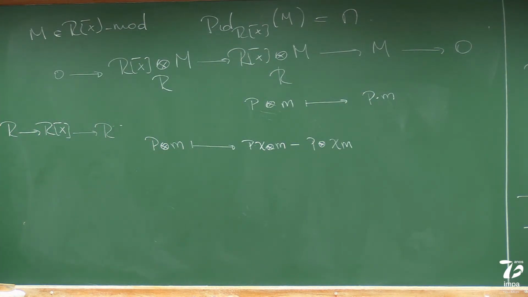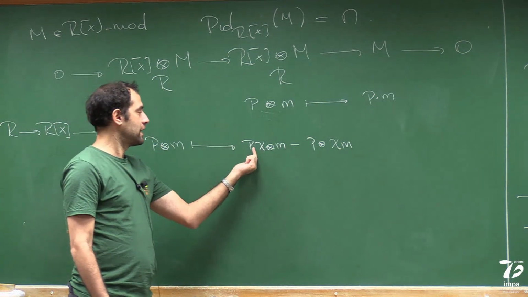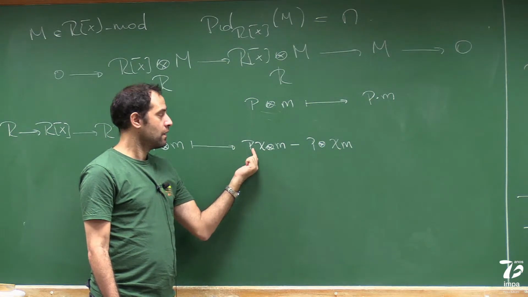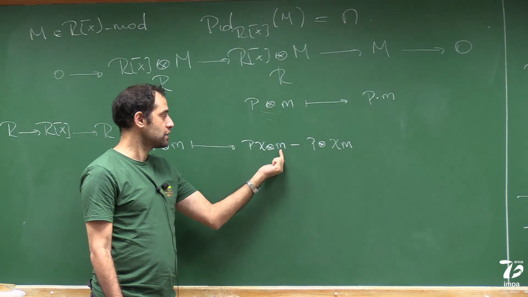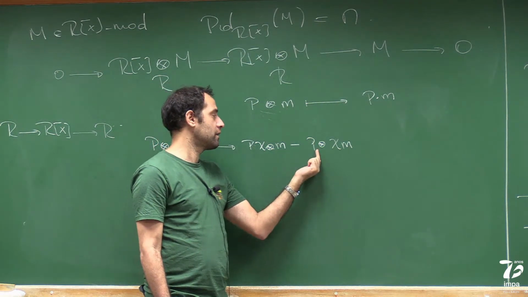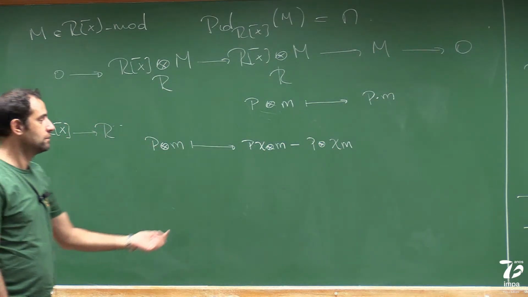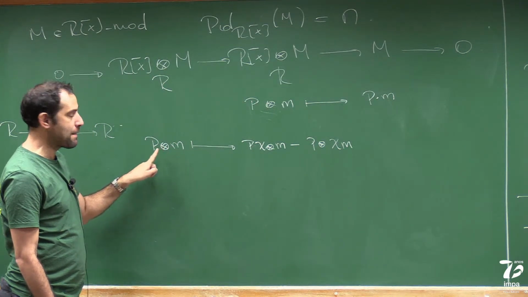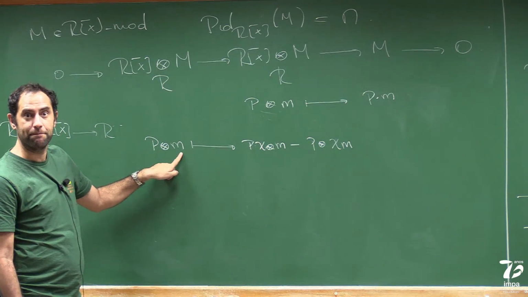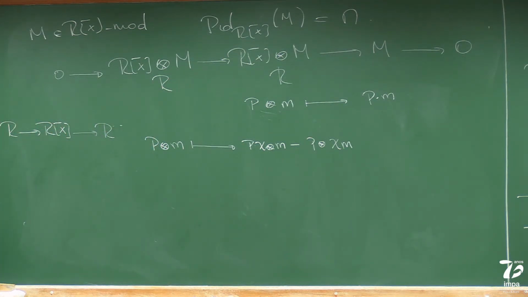Again, this is well defined over R. So if I multiply p by r, that's p times r here, but x is central, so that's the same thing as p x r, and then I can just move that r on this side. And the same thing here, p times r, I can just move it on the other side. And again, since x is central, I just move it also on the side of M. So p r tensor m maps to the same thing as p tensor r m. So this is well defined on this tensor product. Okay, so that gives me a sequence, and I claim this sequence is exact.